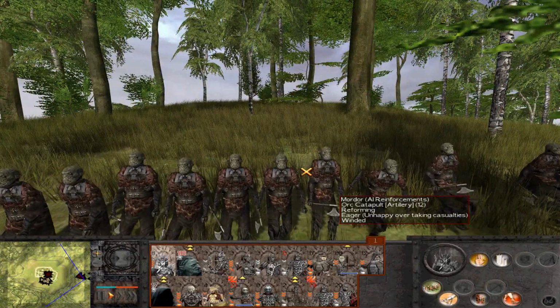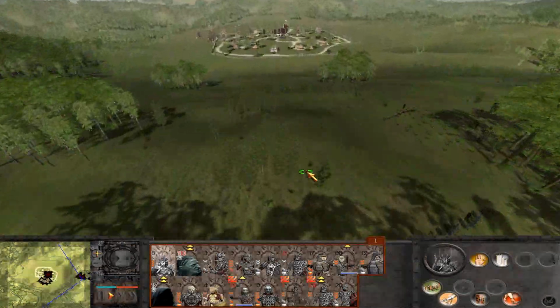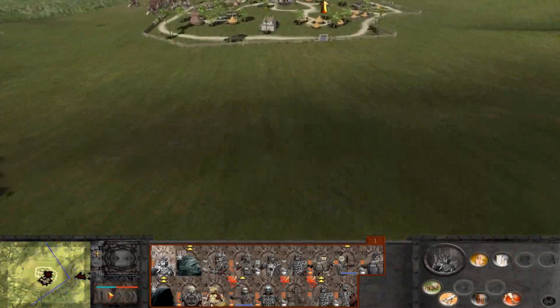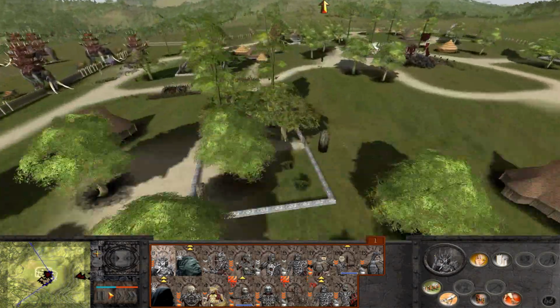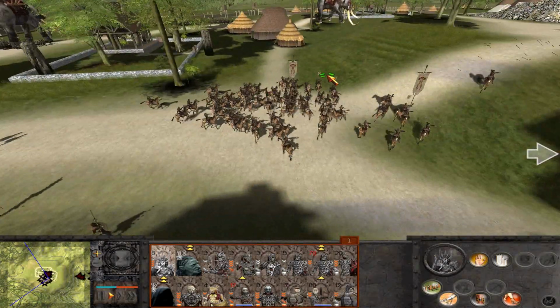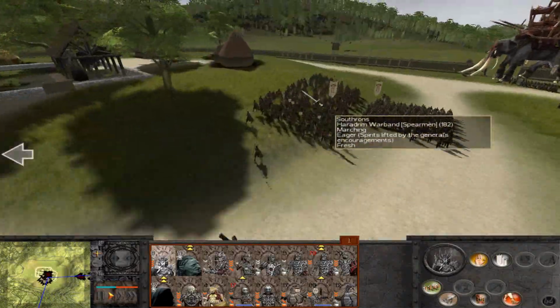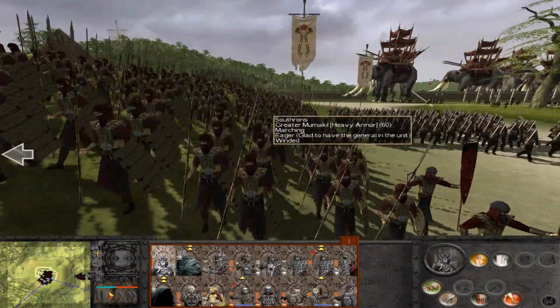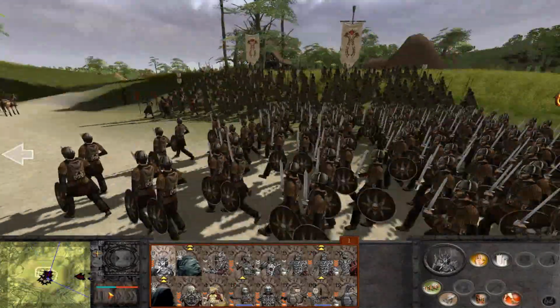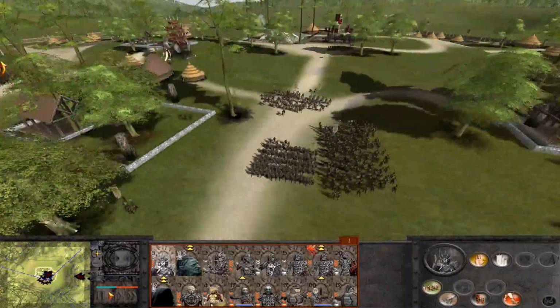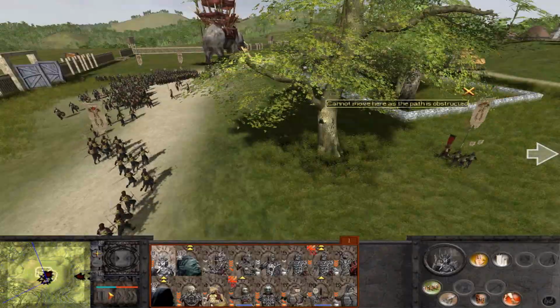These guys are bugged, I think. Catapult unit. Southron armies enter the city, including the Mumakils.